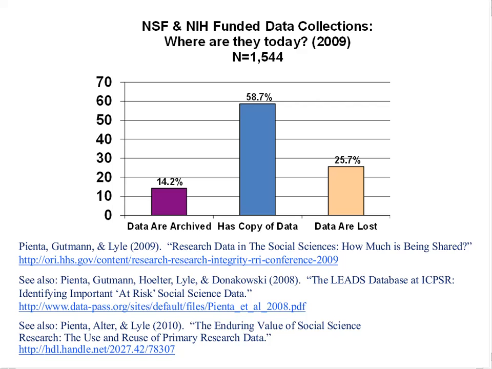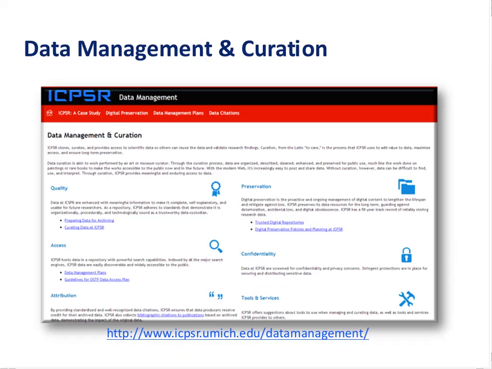At that time, we found that only about 14% had been archived, a little under two-thirds still had a copy of the data, and over a quarter of the data that we attempted to retrieve had been lost, either due to retirement or computers crashing or fires or what have you. There's still a lot of work to do.